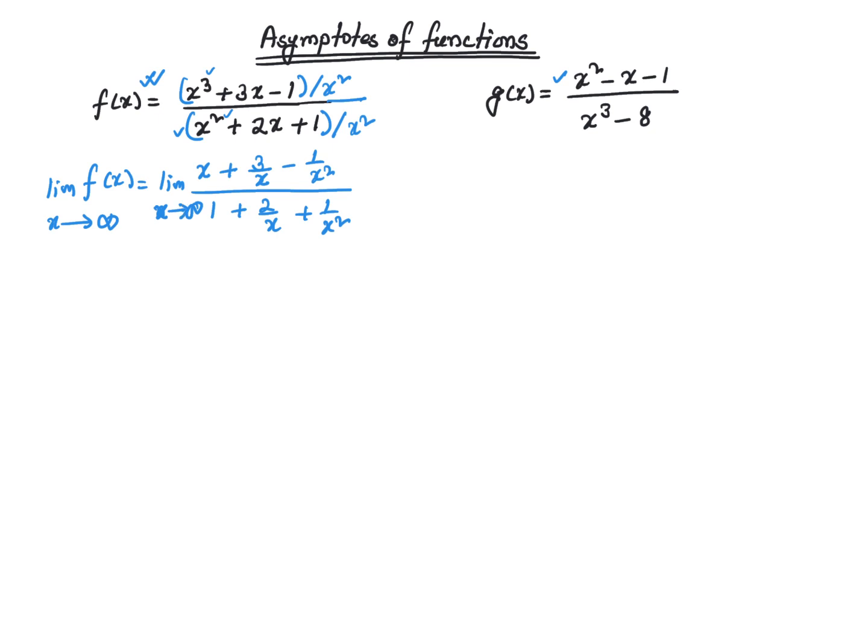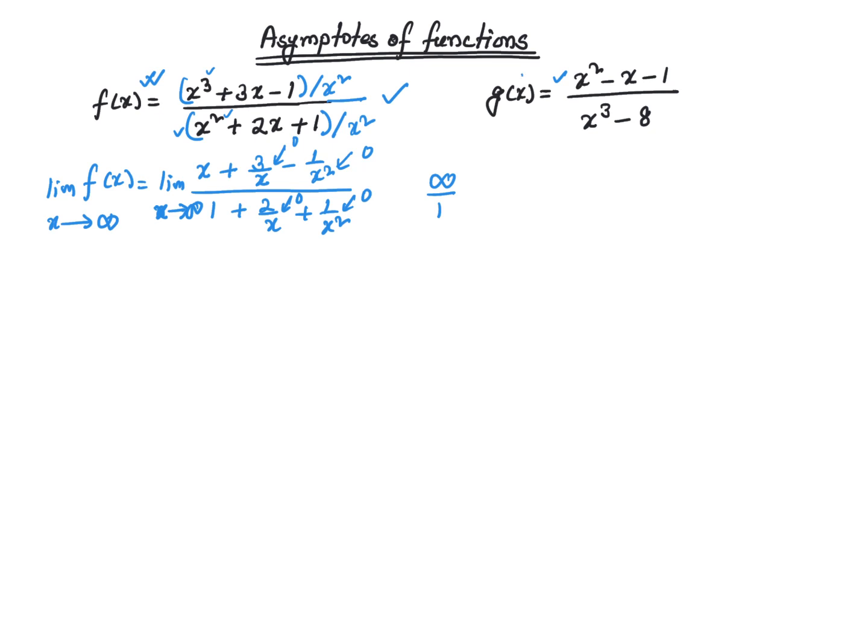So now what's going to happen here? As x goes towards infinity, this is going to go to 0, this is going to go to 0, this is going to go to 0, and this is going to go to 0. So we have a situation where I have infinity over 1, which is just infinity. So this function approaches infinity as x approaches infinity.